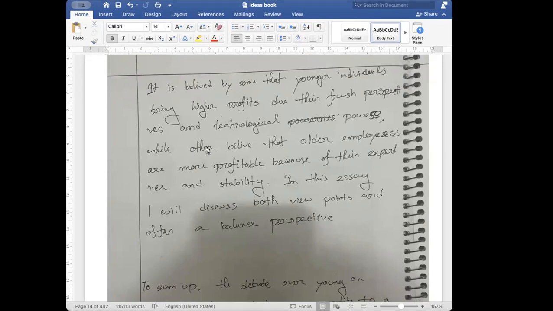While other, no, others believe, the spelling is wrong, BELIEVE, that older employees are more profitable. Employees has a single S in the end, because of their experience and stability. Experience spelling is wrong. In this essay, I'll discuss both viewpoints and offer a balanced perspective. I personally believe that a mixture of both should be there. Balanced perspective. Explain it. What do you mean by a balanced perspective?